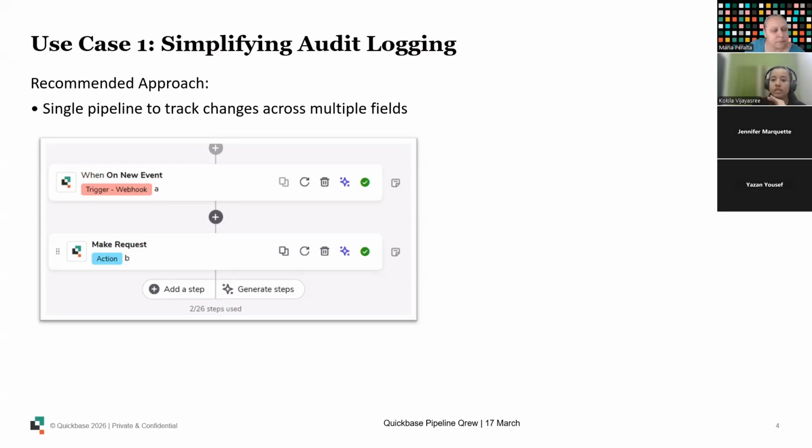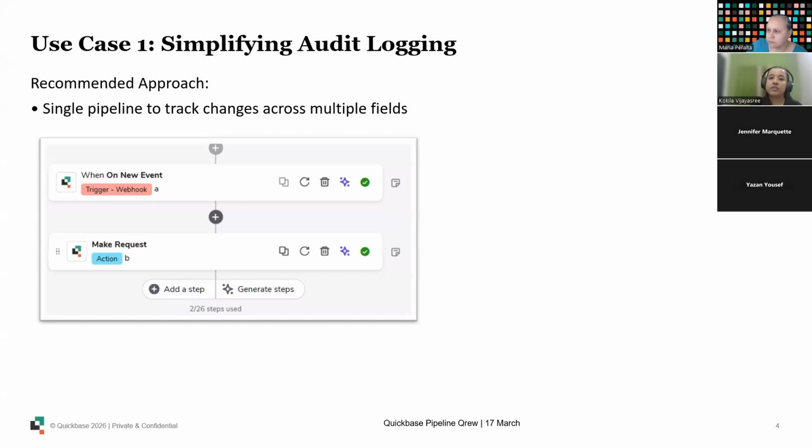So let's say you have 10 fields in a table that you want to track the logs of, you can define all those 10 fields in the same on new event, followed by a make request step. This make request step is where we define the logic on how to create entries into the logs table. So just 2 steps to make this pipeline work.